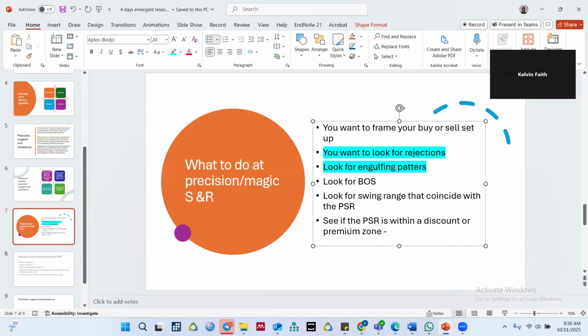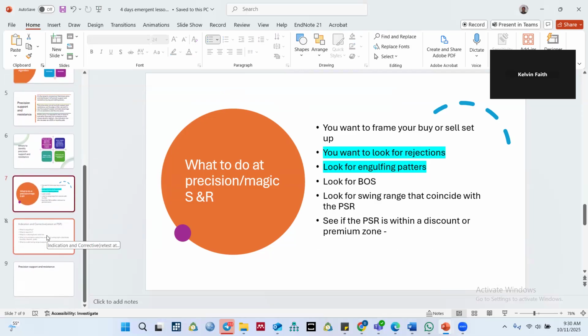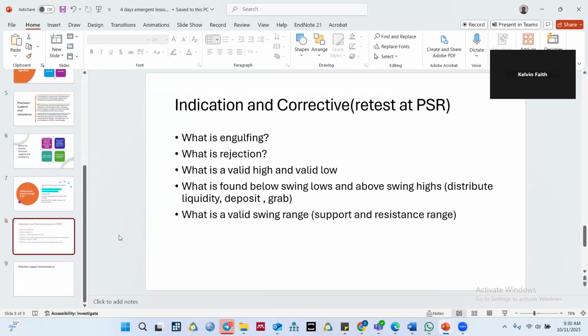Also, if the precision support resistance is within a discount or a premium zone, that is a very sweet spot where you can have a good entry for your trades. So these are the things you want to see when you frame your precision support resistance.